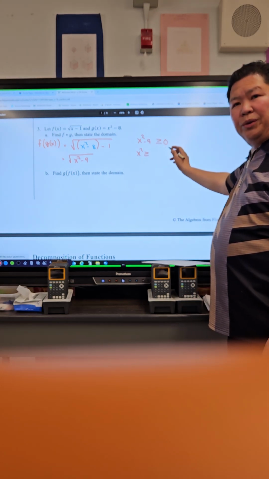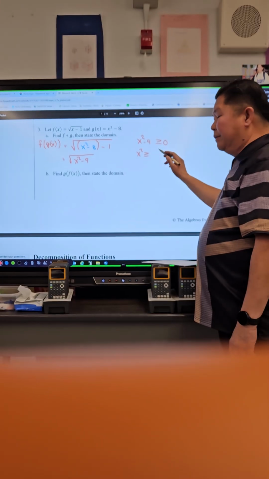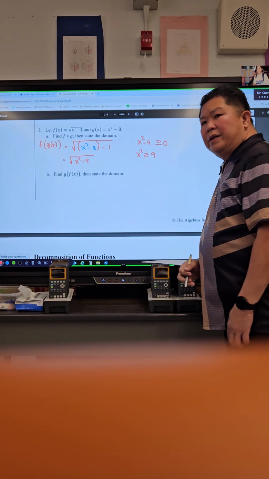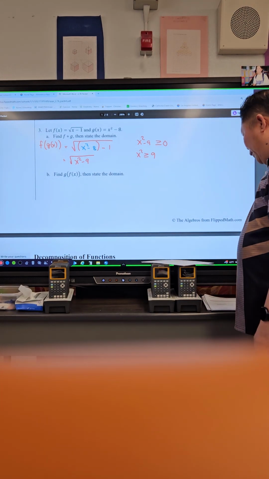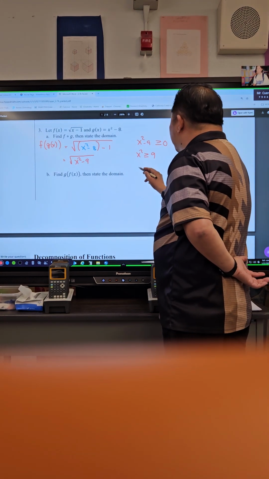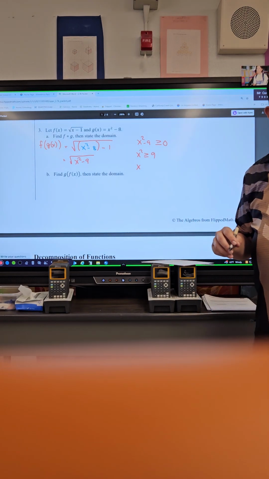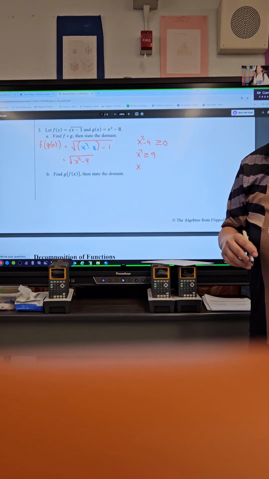Do I have to show you? No need. So we can do mental math, right? So change this negative to positive. Okay, therefore what we have now, this means our values of x would be, we're going to take the square root, or we're going to square both sides, right? Square both sides.